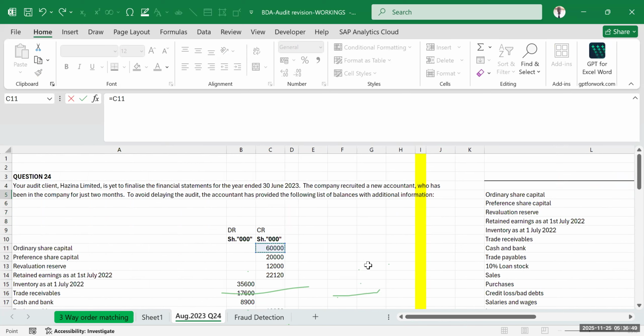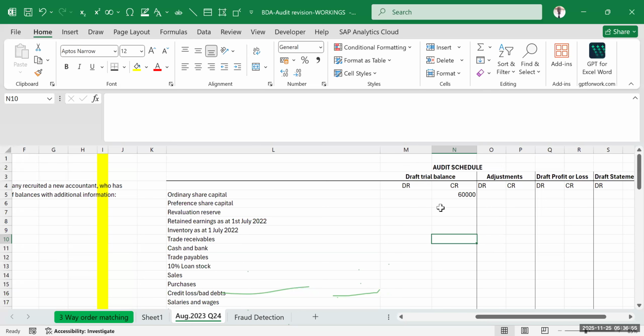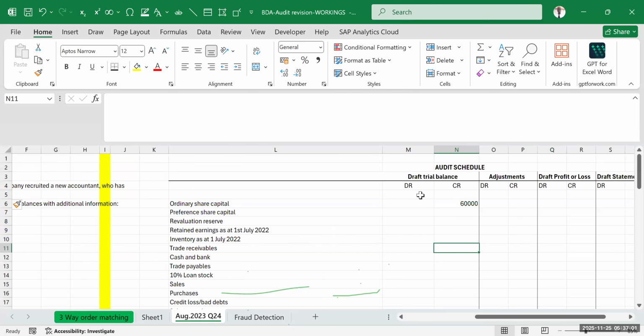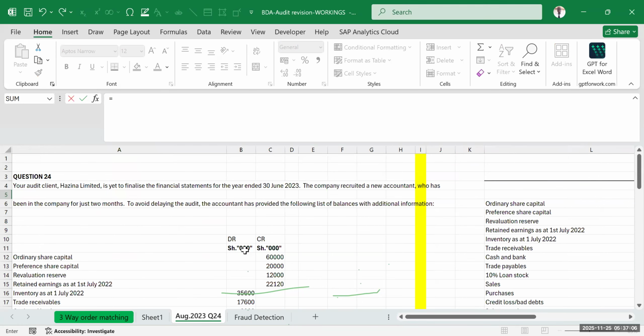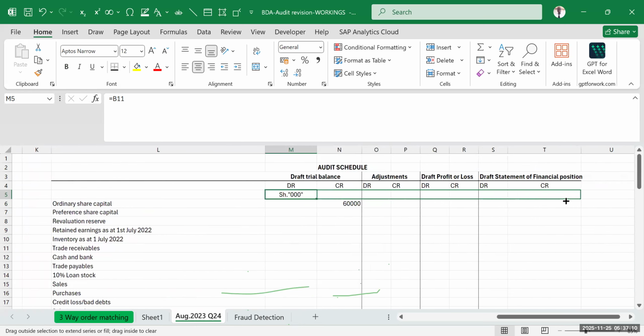I've not put the level of precision. All our figures are in thousands. I think that is very, very important. We ought to have put that. It is very important to make sure that you give the level of precision. Amounts are all in thousands.